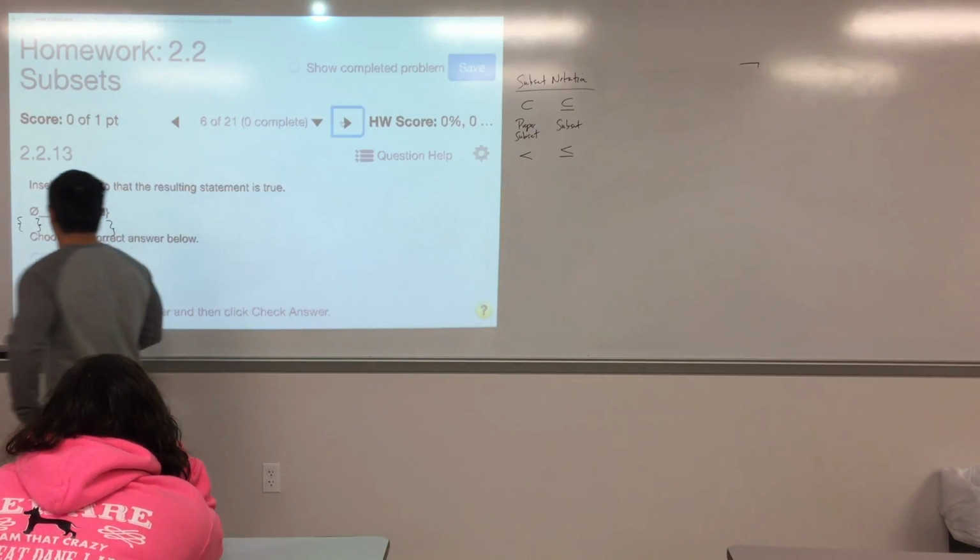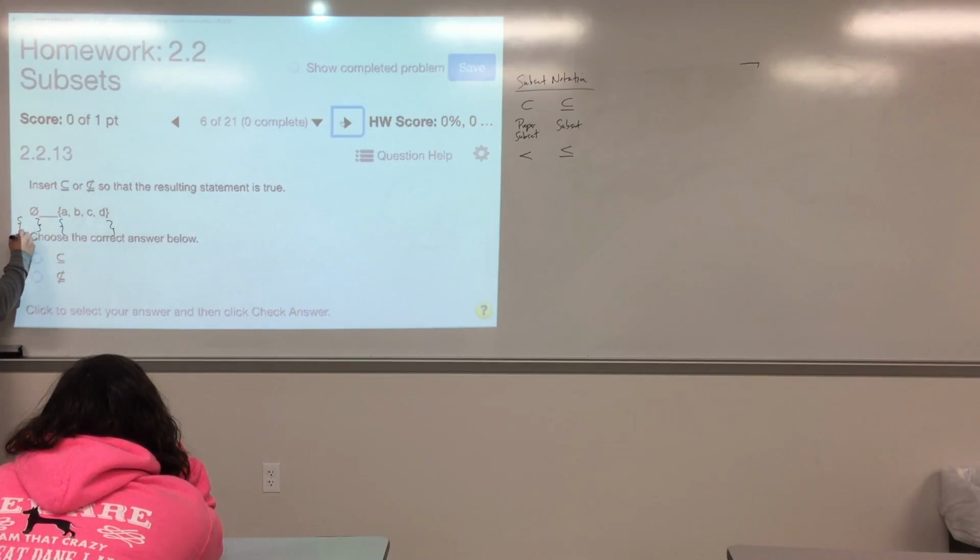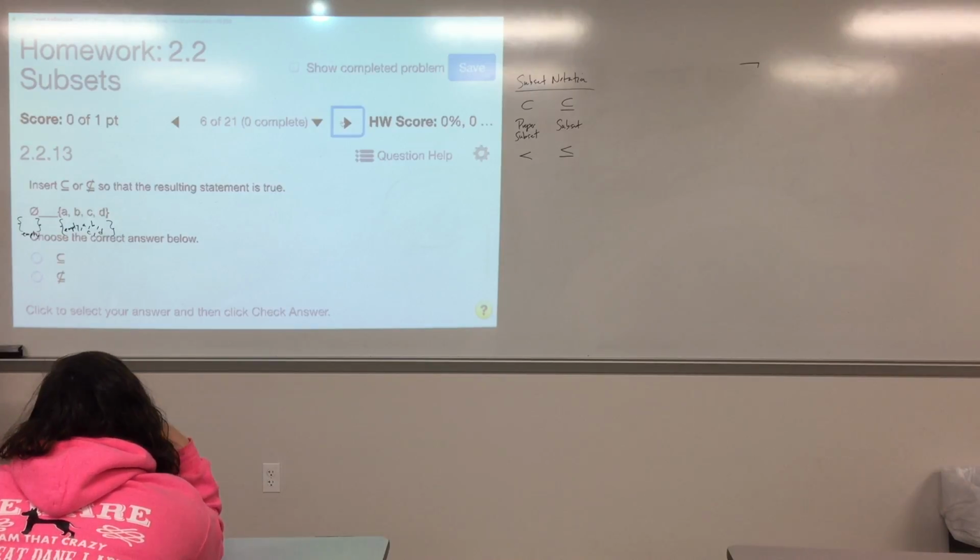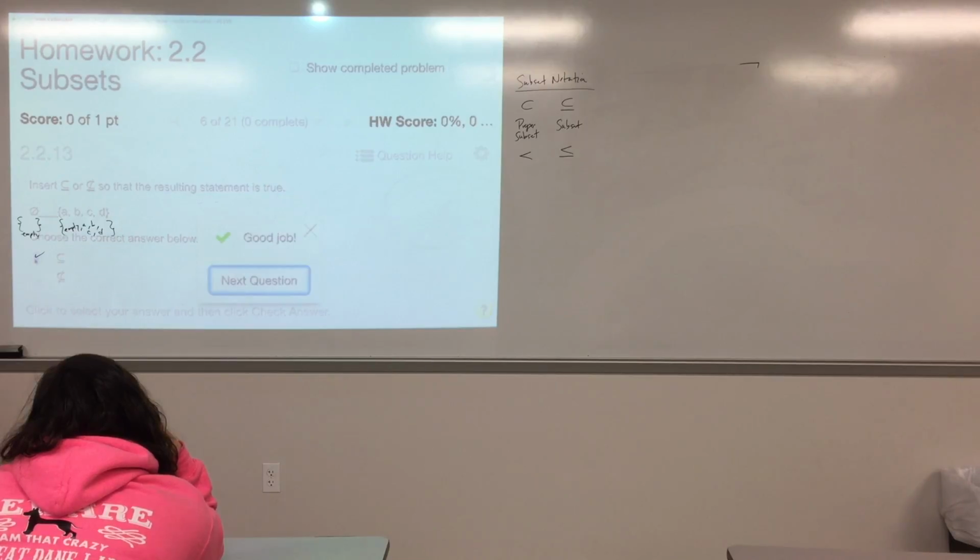So another way to think about it is, this set was empty, and this one has A, B, C, and D. Does that make sense, guys? And so is empty in there? It is. Empty is in there. So therefore, this is a subset. Just want to verify, in case you're following along in your homework or on paper or on your computer, it is. Does that make sense, guys?